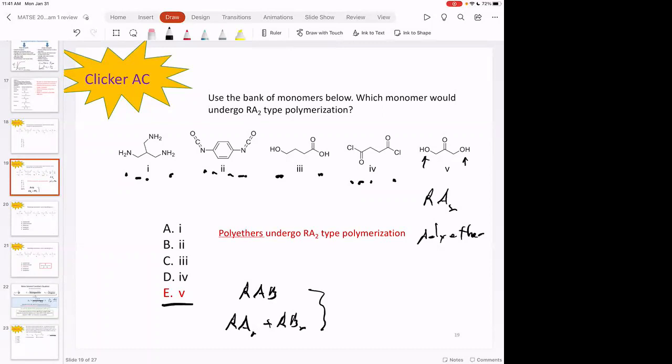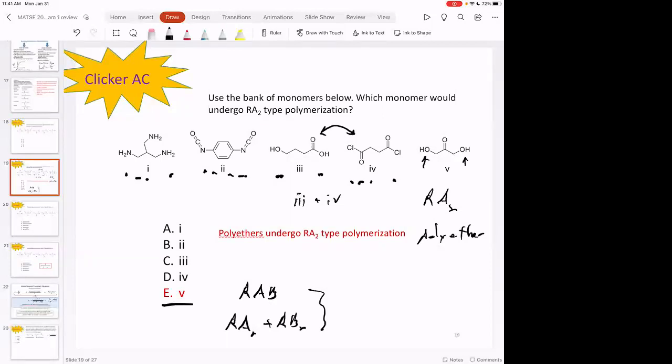What about these 2? What about 3 plus 4? What do I get? Do I get a polymer with 3 plus 4? No, I don't.